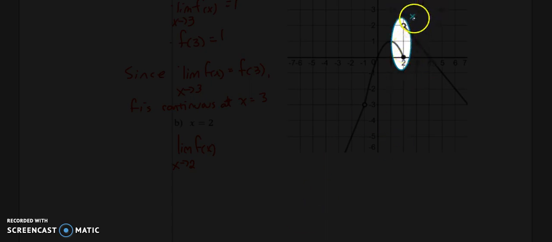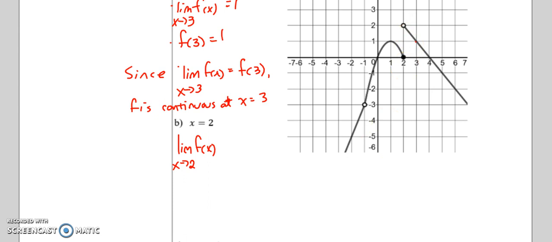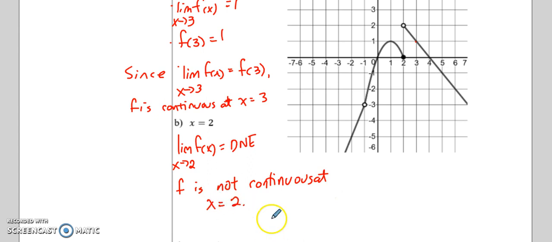It approaches two different ones, so therefore the limit does not exist. So f is not continuous at x equal 2. You only have to violate one of these in order for you to get a no. One for false, all three for true.